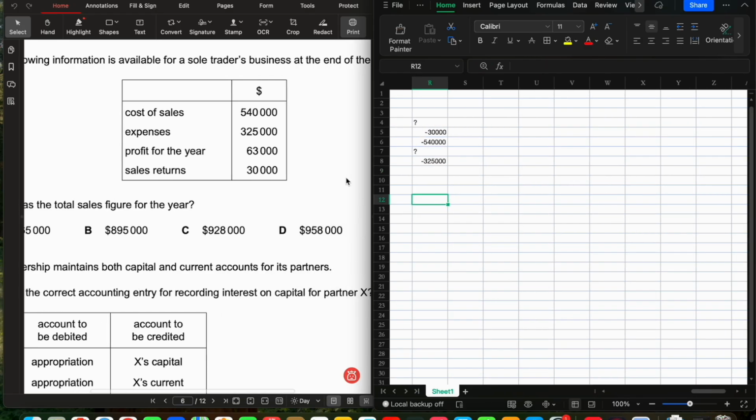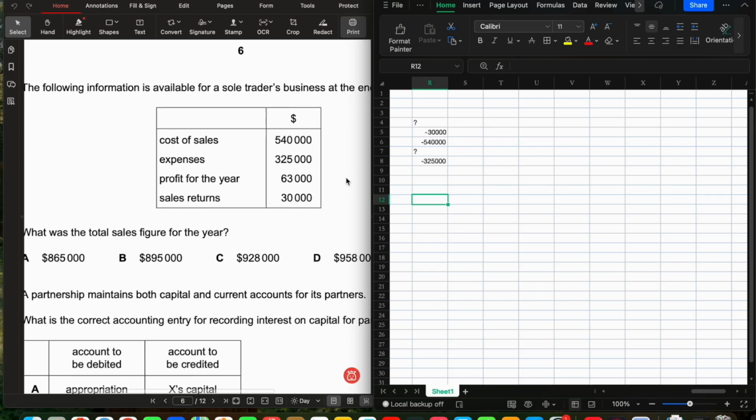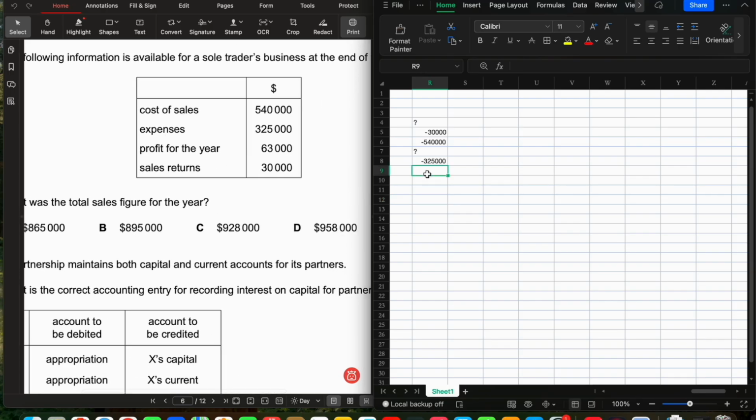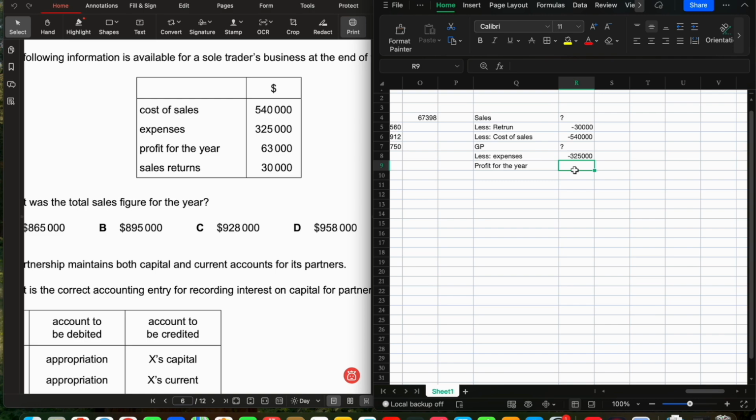Okay, now the question, profit for the year, let me write down the amount, 63,000. Now the question is we need to go reverse. Okay, if I want to find out the gross profit, I will simply add expenses to find out the gross profit out here. Okay, let's do that.